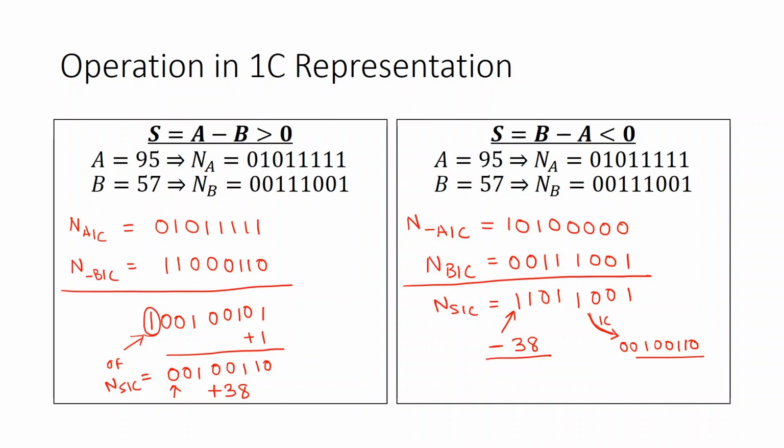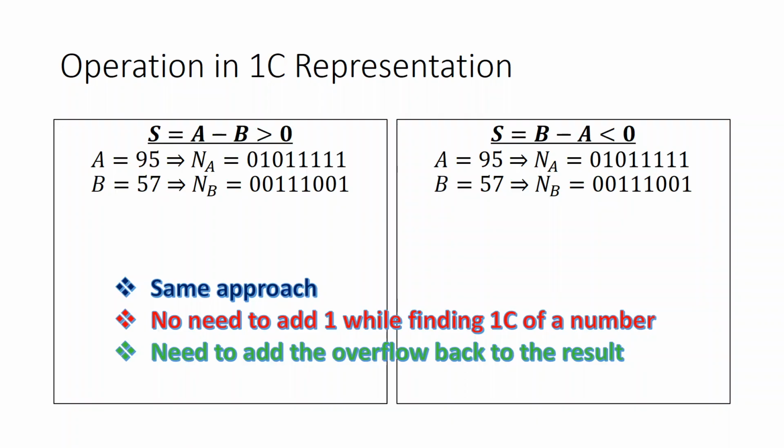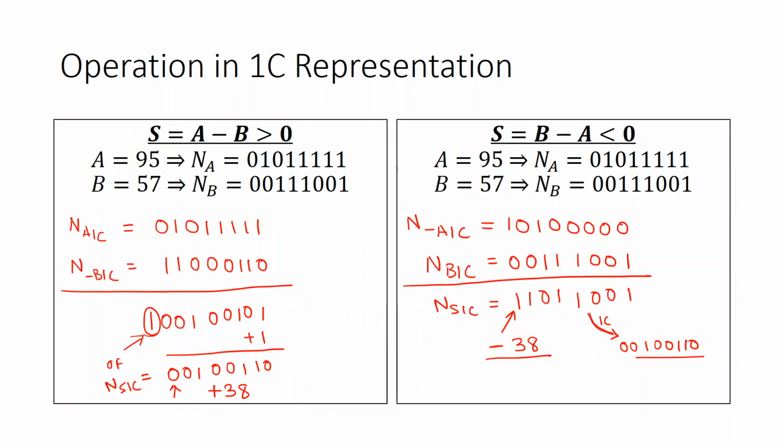You can try to work out with other numbers. You change your A and B, keeping in mind that your result must lie within the range that your number is able to represent.